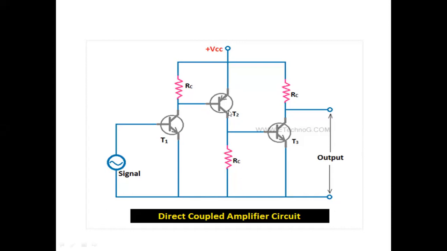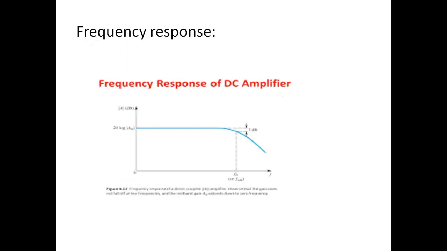Because of this shifting, we can get distortion in the output. Because of direct coupling, there is no blockage of DC current; this passage of DC current shifts the operating point, and that causes distortion. That is the drawback of direct coupling.